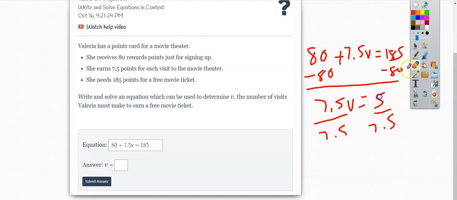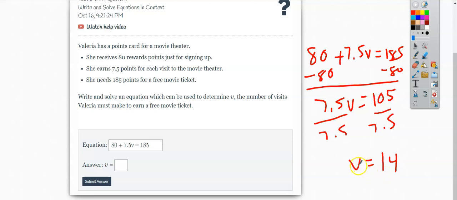Okay, let me fix this number here. I made a mistake. 185 minus 80 is not 5. It is 105. And when I divide by 7.5, I get 14 for my visits.